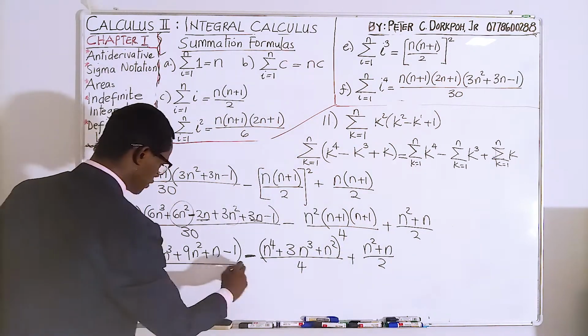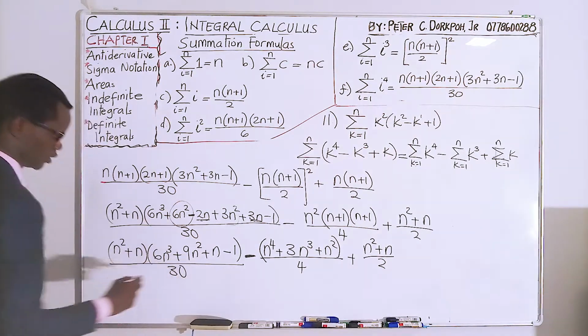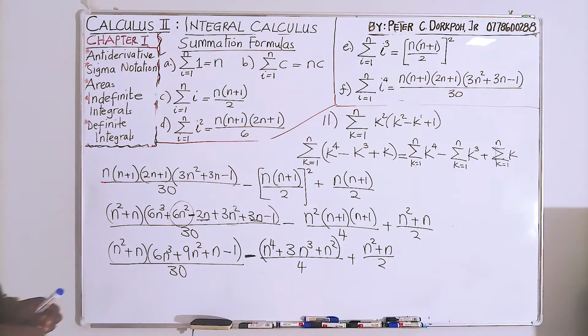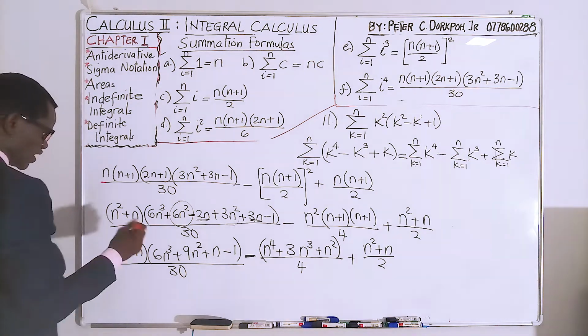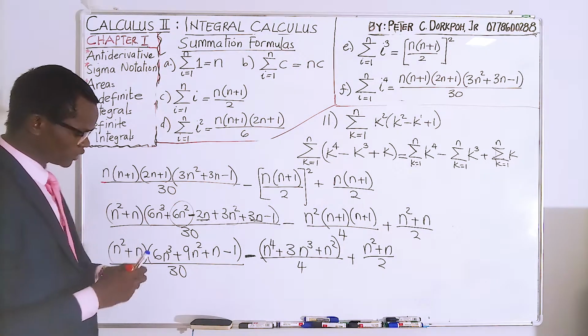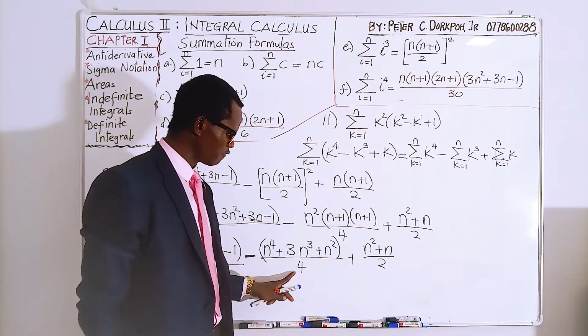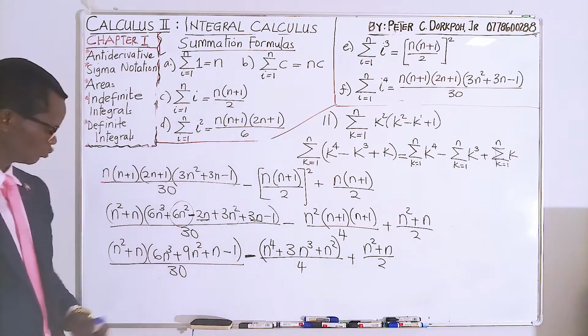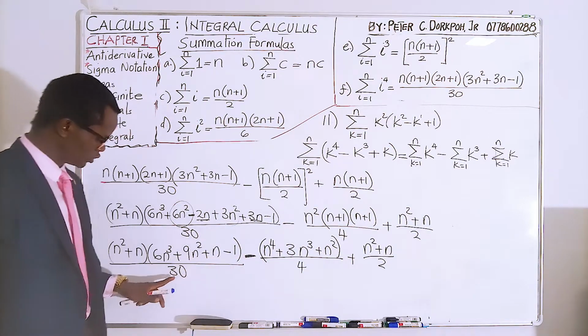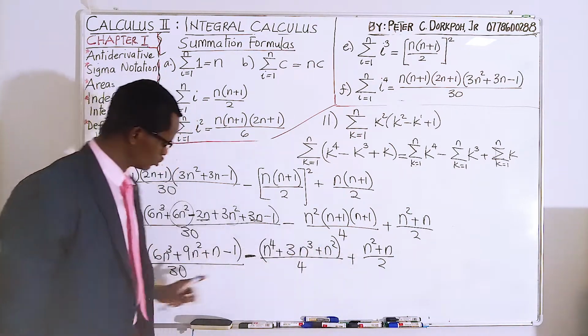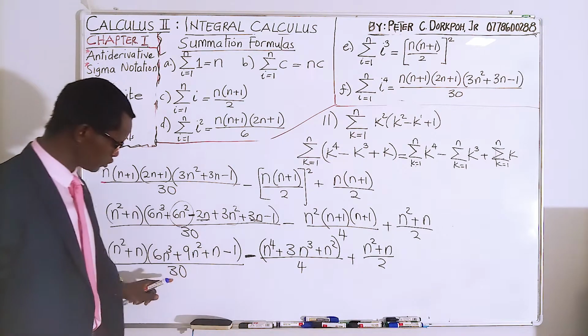Now this whole thing is divided by 30. So at this point, let's get rid of the denominator. We can find the least common denominator for 30, 4, and 2. Can 4 go into 30? This 2 can go into 4, and this 2 can also go into 30.